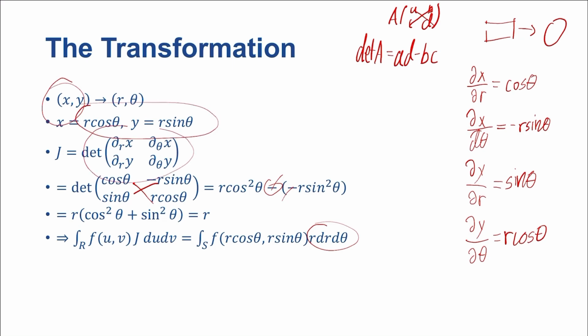I construct the matrix with the partial derivatives, I evaluate the matrix, I get my constant, and then I transition everything into terms of the new variables, including the bounds of integration. And of course, all we did this for is for this little r term, or this little constant that we get from our determinant. So that is the transformation for polar coordinates.